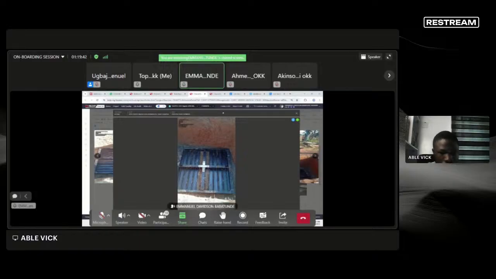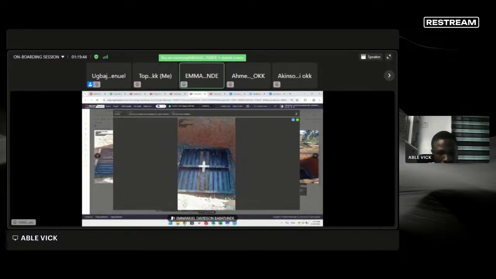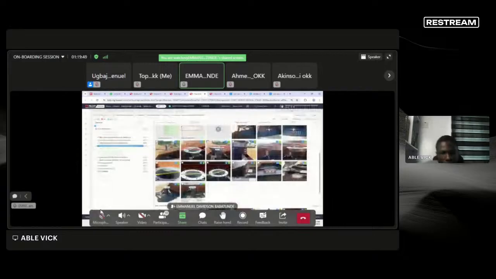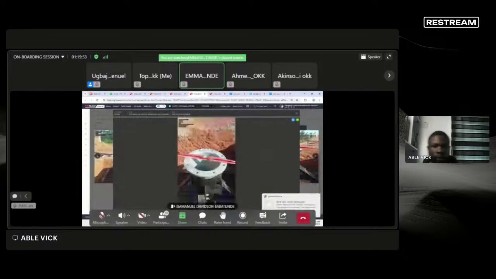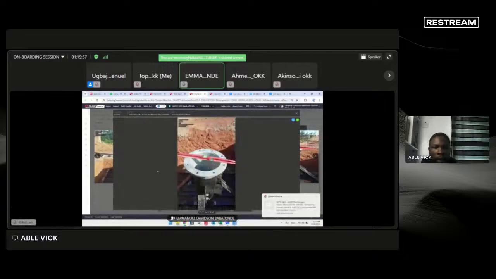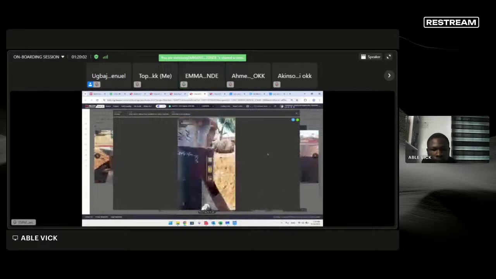Yeah, so after foundation installation, just like this, you need to send for approval. And this was the level check I was referring to. The vertical level has to be checked, even though this one is almost not level.